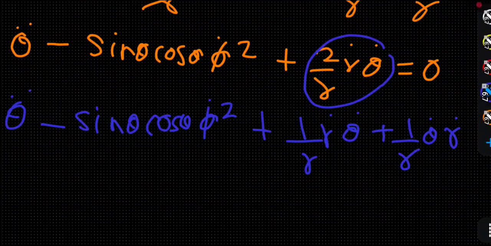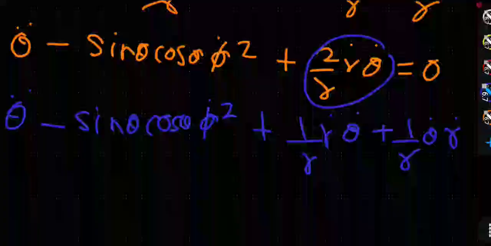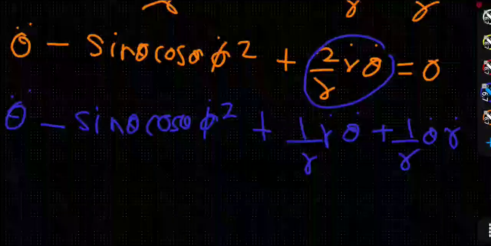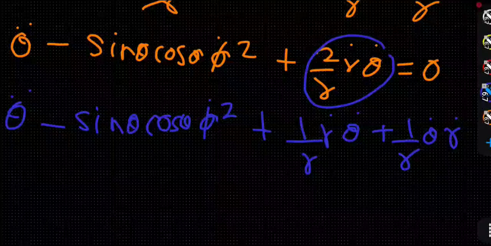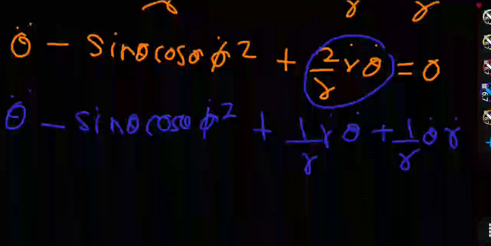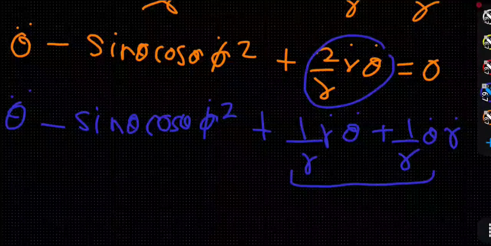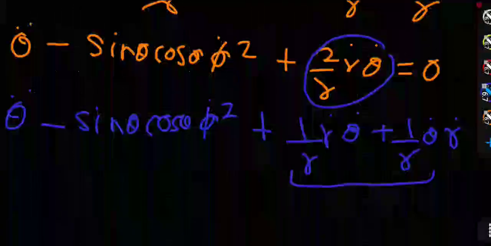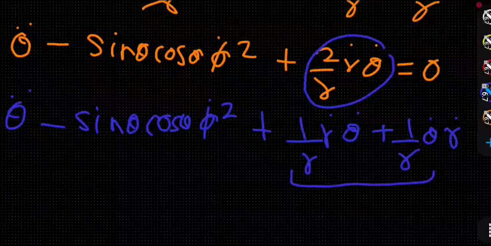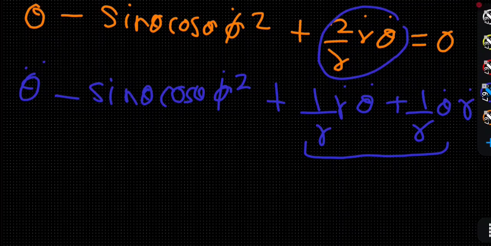Yes, we can write this because they are symmetric indices. If you remember, in the first video I discussed the different types of symmetric indices. So I can write this as the sum of these two, as you can see while I was deriving the geodesic equation.